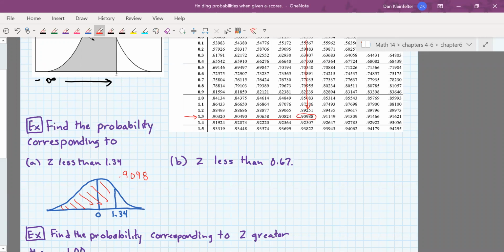All right, so that takes some getting used to, so we're definitely going to practice it. Like I said, if you have your own z table handy, you'll want to definitely try this on your own. For the next one, we wanted a z less than 0.67. Okay, so the distribution is centered at 0. We wanted 0.67.